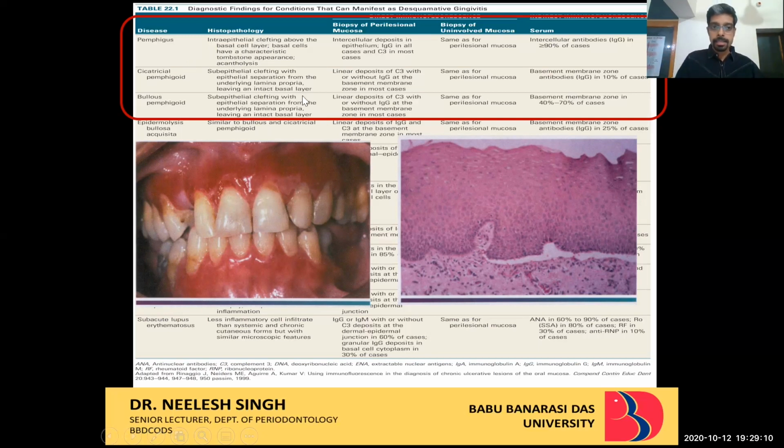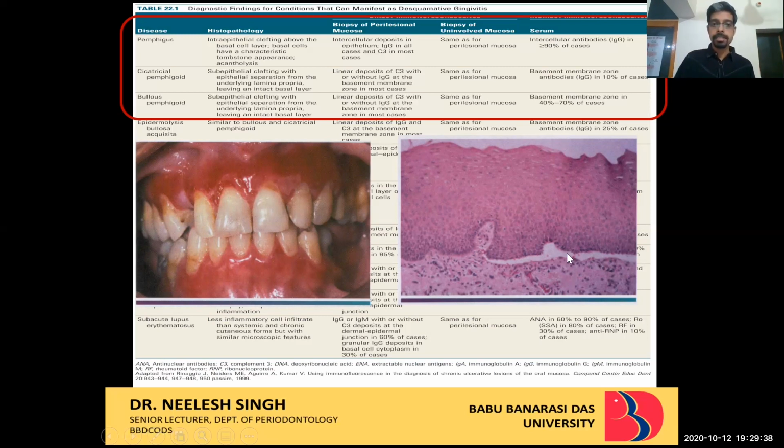In cicatricial and bullous pemphigoid, the space is present beneath the epithelium, or we can say in between the epithelium and the connective tissue. Here is the space. Above the space, this whole part is the epithelium. Below this space, the whole part is connective tissue, and this white portion is the cleft or the space. It is below the epithelium, and hence it is subepithelial clefting.